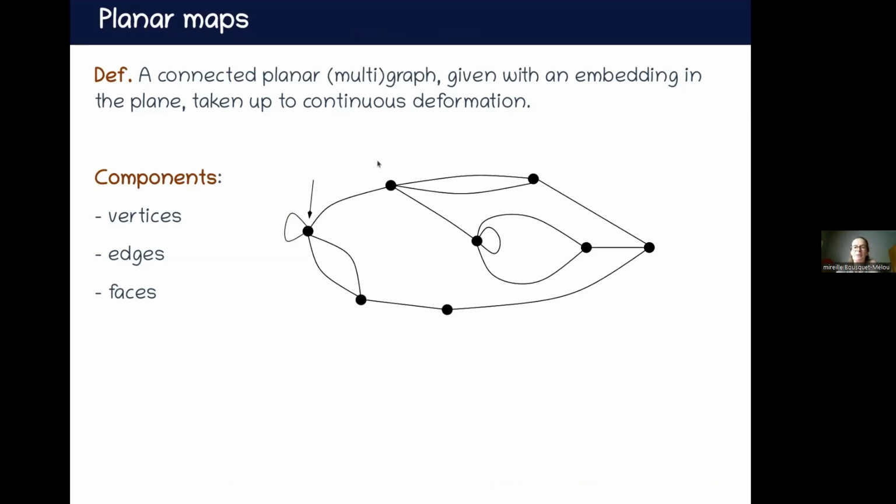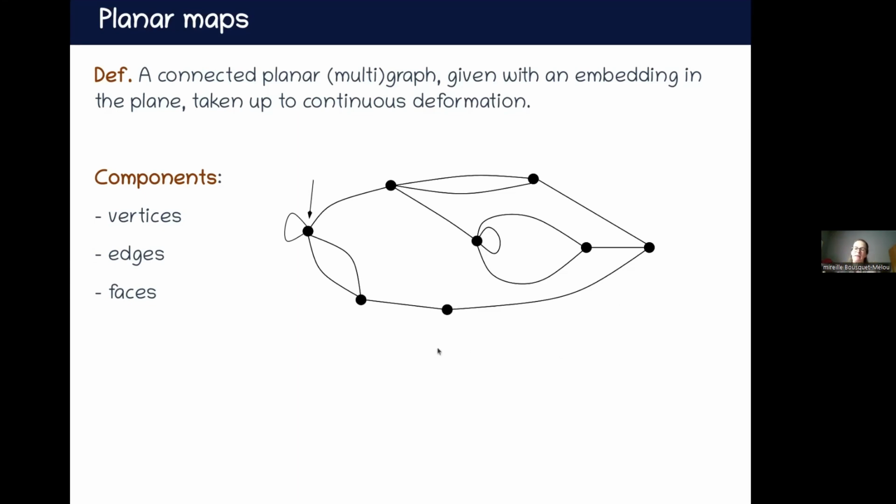So a map is just a graph, or more precisely a multigraph. That is, I allow multiple edges like here and loops here. And this graph has to be connected planar, and we give it with one of its proper embeddings in the plane.